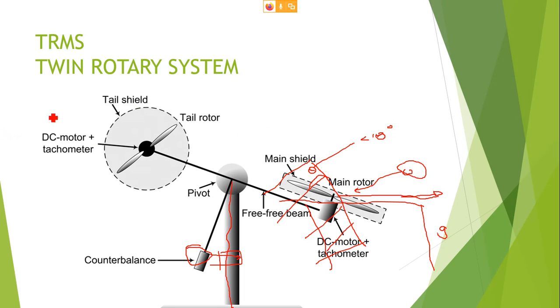The second thing is the second blade, also called the tail blade. This tail blade will generate thrust. For example, if this is the axis of your body, it will generate the thrust in this direction, exactly perpendicular to it.